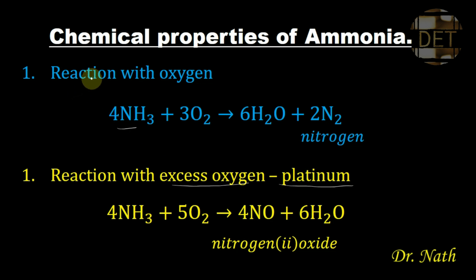So the first reaction is just reaction with oxygen, not excess oxygen, a limited amount of oxygen. That will lead to the formation of water and nitrogen. But when ammonia reacts with excess oxygen in the presence of a platinum catalyst, nitrogen 2 oxide is formed.